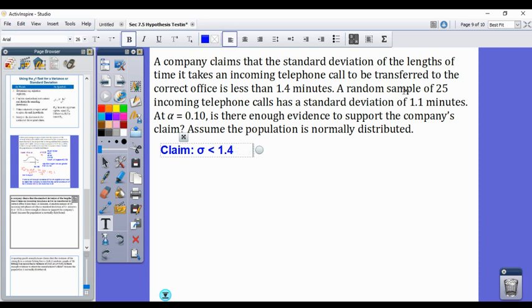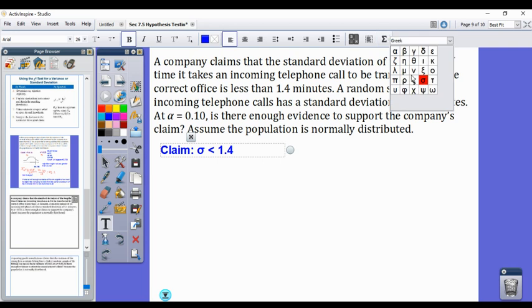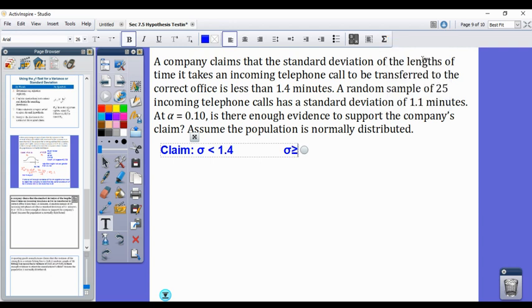So the corresponding statement opposite that would be greater than or equal to. Okay, so let's identify our null. In this case, this is my null, and this is my alternative.